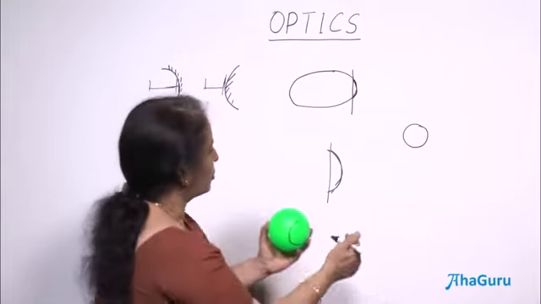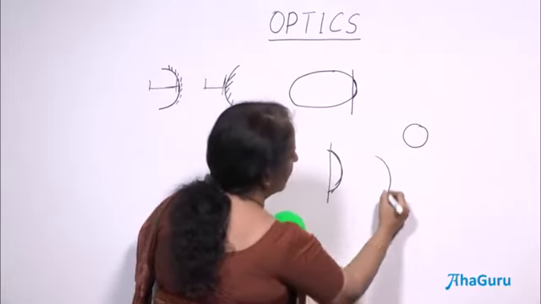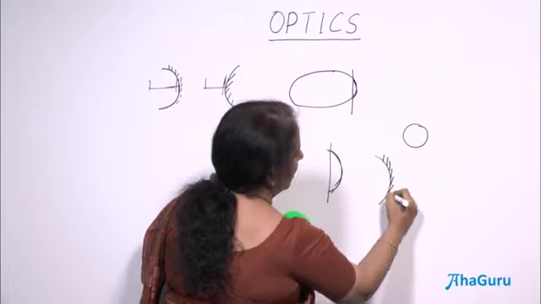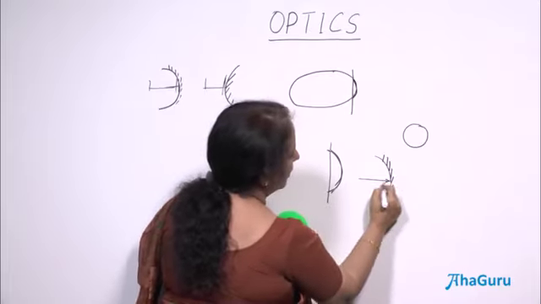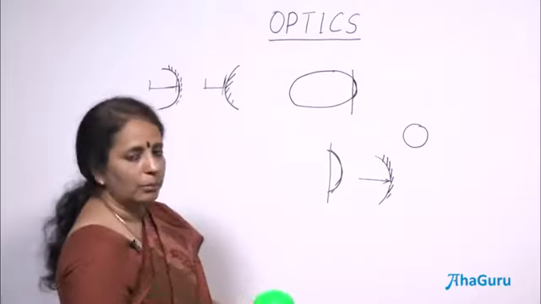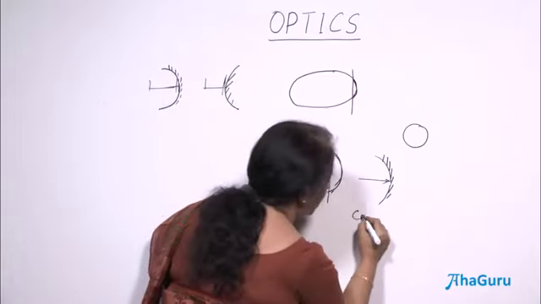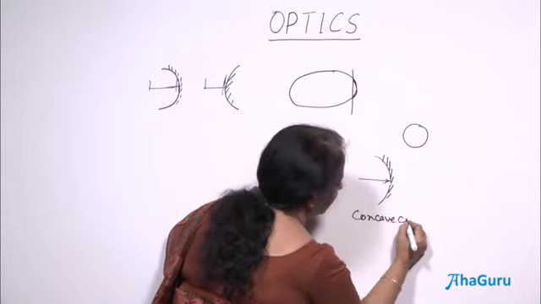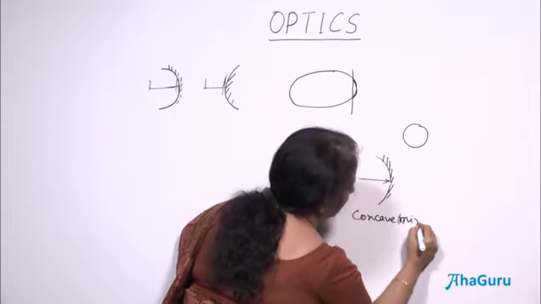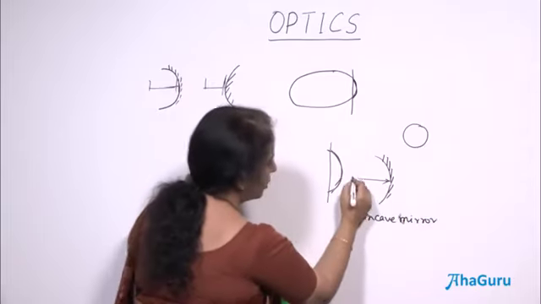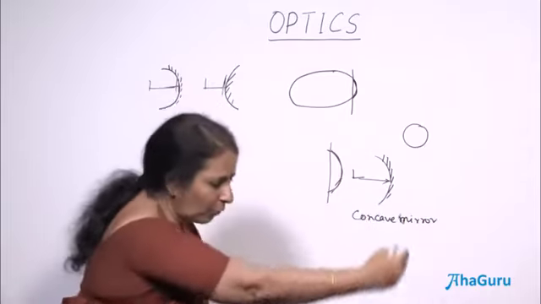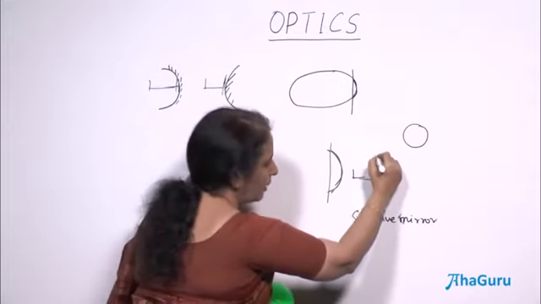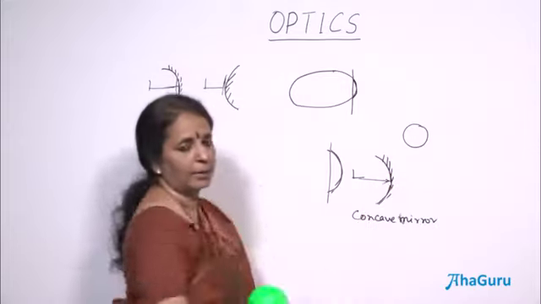Either way, if it is going to be like this and this portion is the reflecting surface, then this mirror is known as a concave mirror. This is concave, that means you are standing here, in front of you, you have a surface which is curved like this.